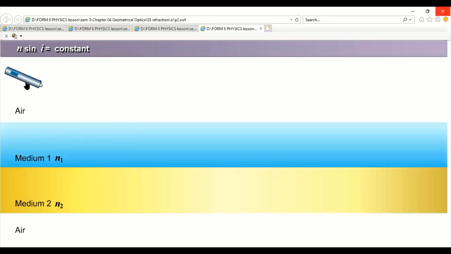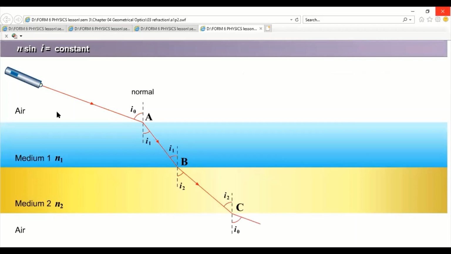Next, if the ray passes through the first boundary between air and medium 1 with refractive index n1, and then continues to be refracted through another medium 2 with refractive index n2, finally back to the medium of air.